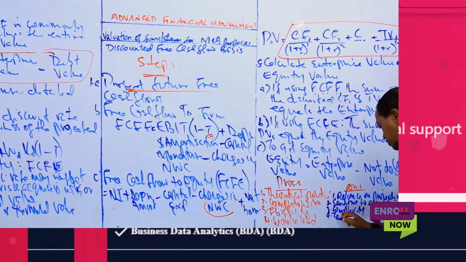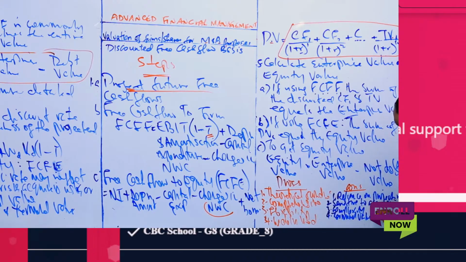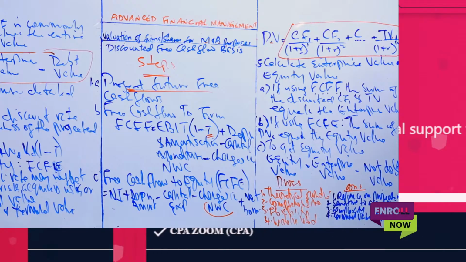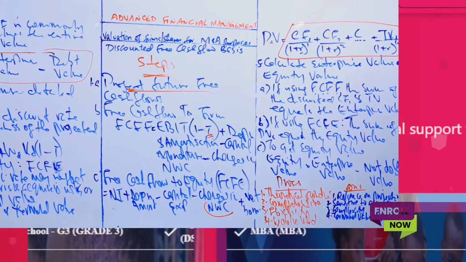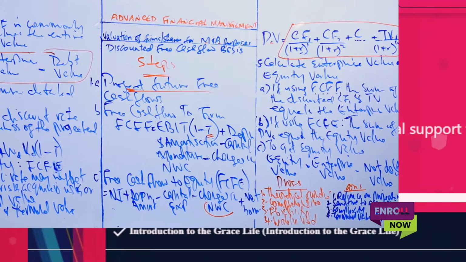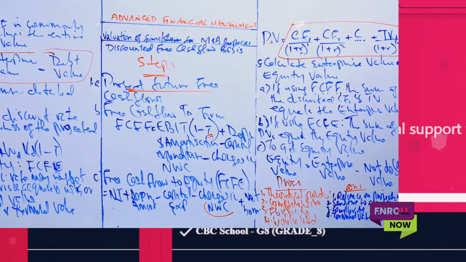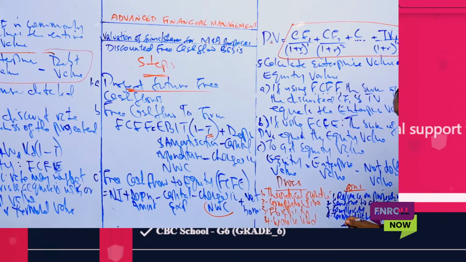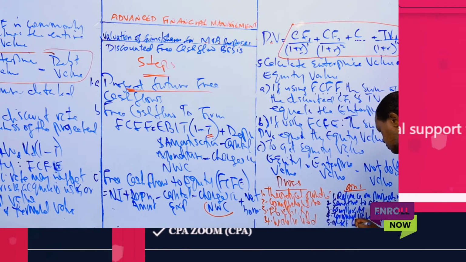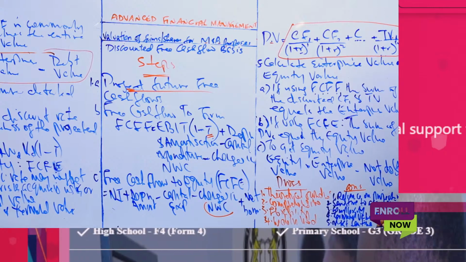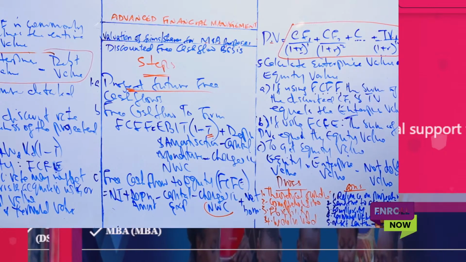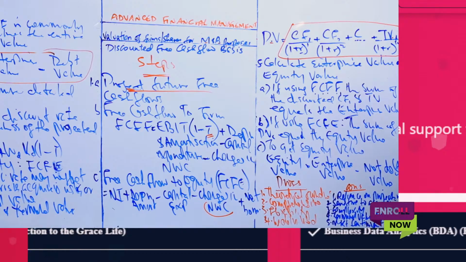Number 4, terminal value dependence. The terminal value often accounts for a large portion of the total value, making it a critical and potentially subjective component. Then lastly, market sentiment. How is market sentiment a limitation?